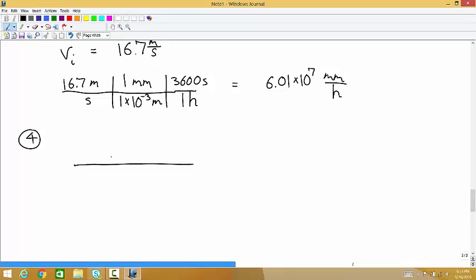A ball is rolled along the floor and hits the wall 1 meter away. So if this is the start, the ball rolls this way, and it hits the wall after half a second, and then returns to its starting point in another half second.